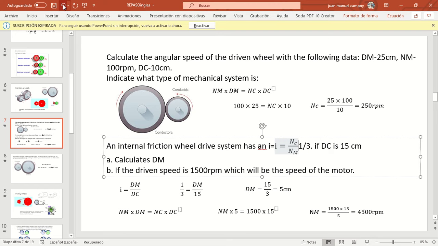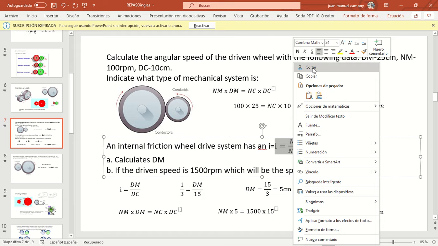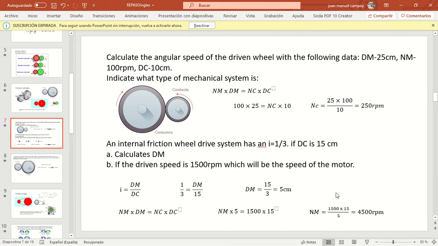With this, we can do it also because we know the I and we know one of the speeds.